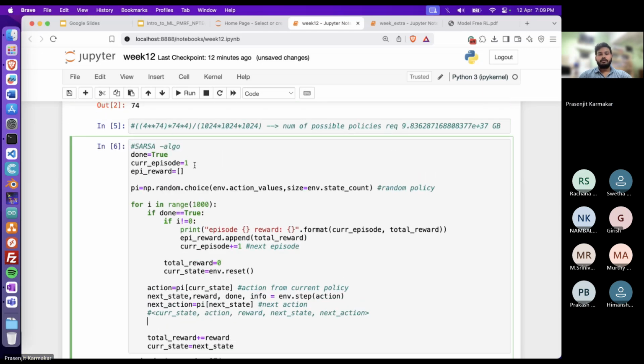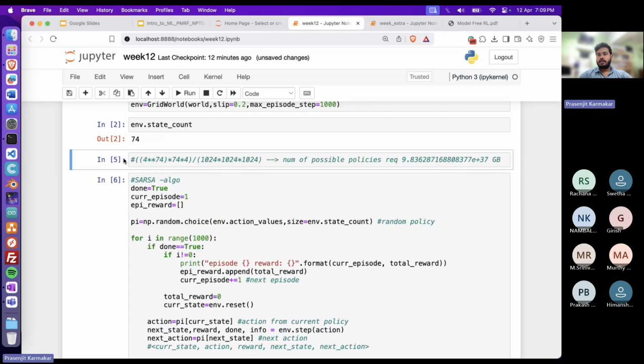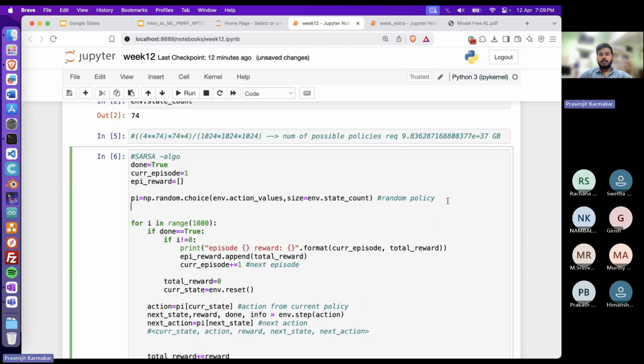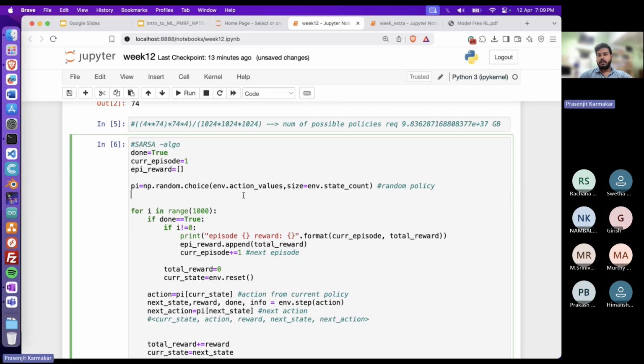So Q, what is the size of Q? Q size is S comma A, right? So I can create a zero Q at the beginning. The initialization of Q is also important. I can initialize it to zero, or I can initialize it randomly.